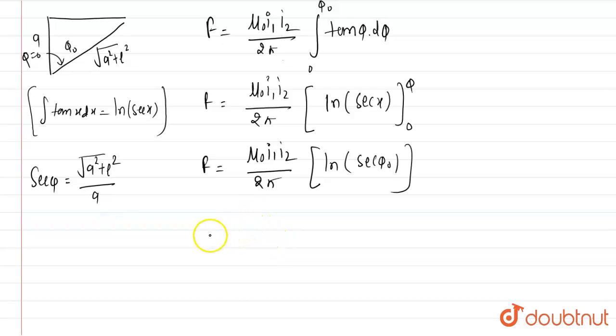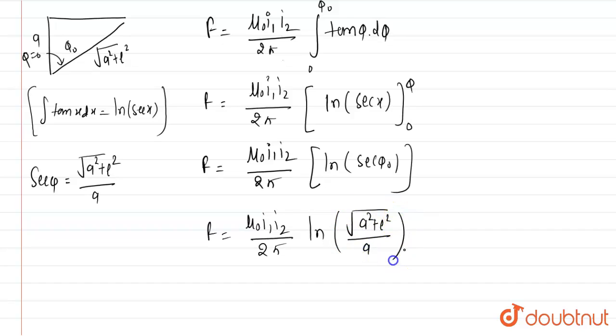So the value of F is equal to mu naught I1 I2 upon 2 pi ln root of a square plus l square upon a.